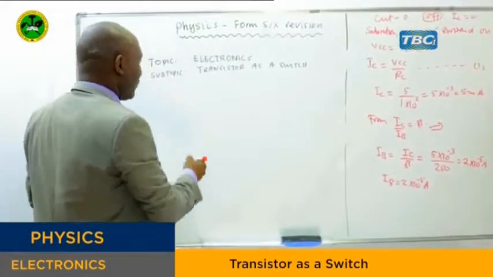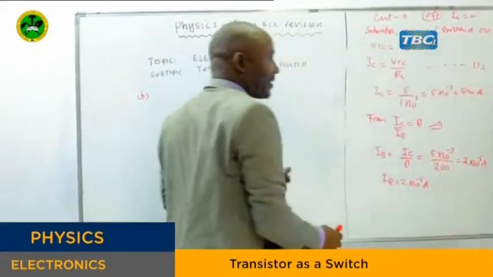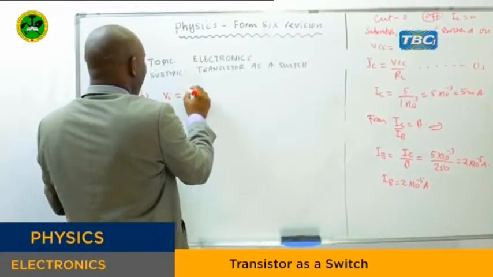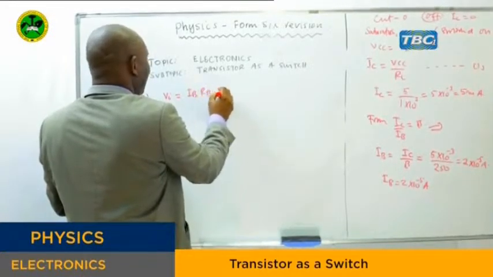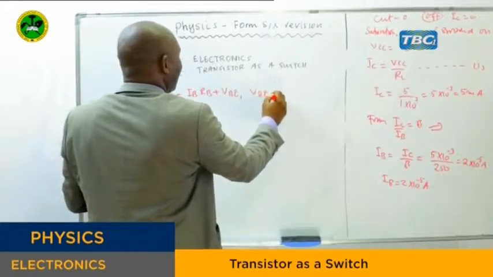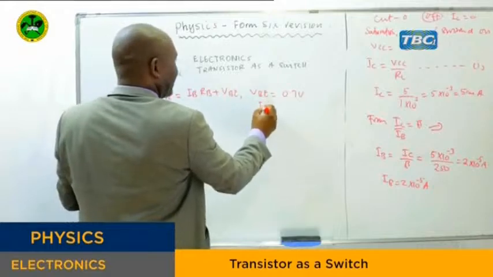From this information, we are looking for the corresponding input voltage. The input voltage equals the base current times RB plus VBE. We know VBE for this silicon transistor is 0.7 volts, and we know the base current now.